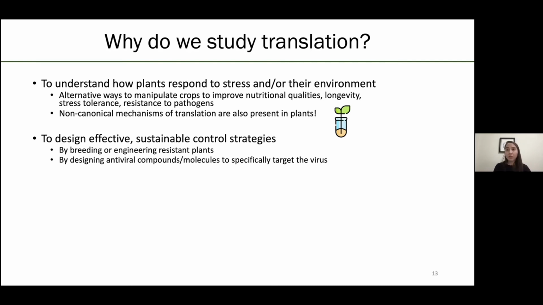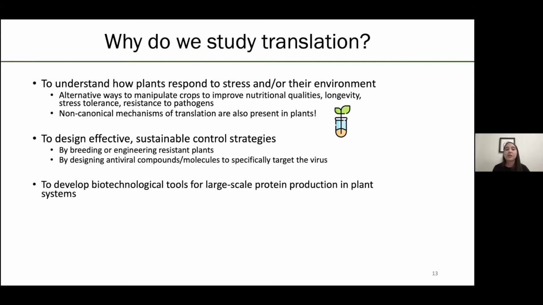So viruses are very hard to control because, like I told you, they basically depend on and use all the cellular translation machineries. So if you target the virus, you're basically targeting the cell. And so if we find specific ways that only viruses use, those are very good potential control steps for the virus.